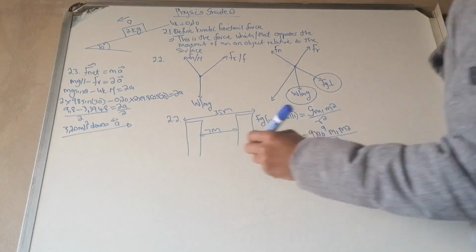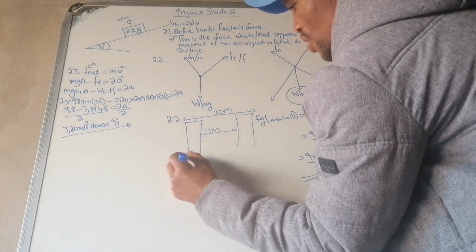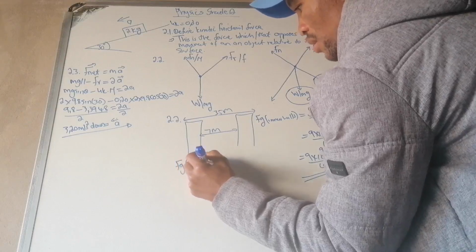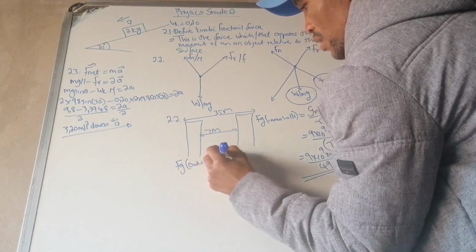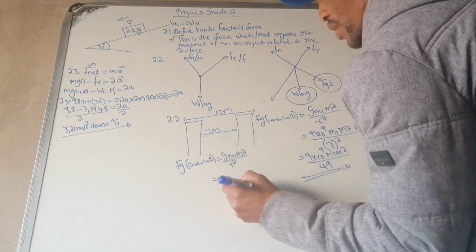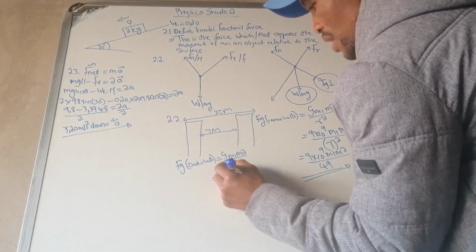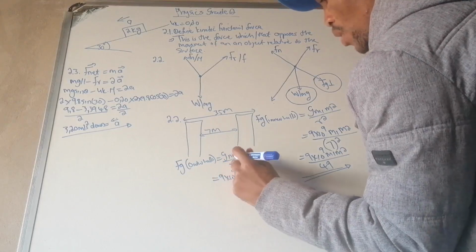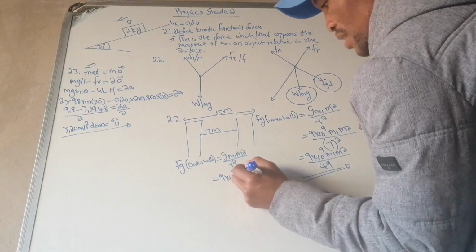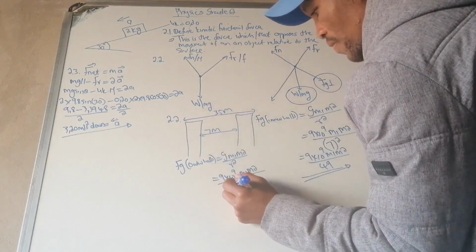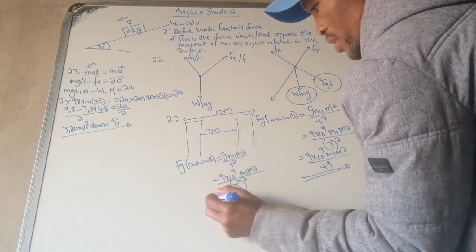And for outer walls, I can say FG outer walls is G, M1, M2 over r squared. 9 times 10 exponent 9, M1, M2, and I can use that distance of 35 squared.